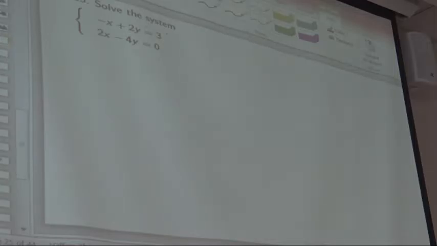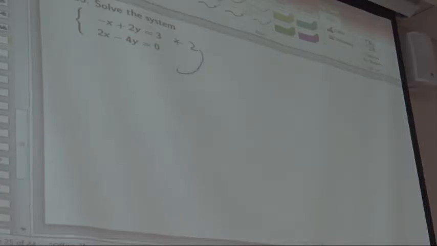Now we're going to solve the system. So we're going to use the elimination method. I'm going to remove the x component. So to remove the x component, I have to make the same numbers. So this is negative 1x and this is a 2x. So let's multiply by 2.